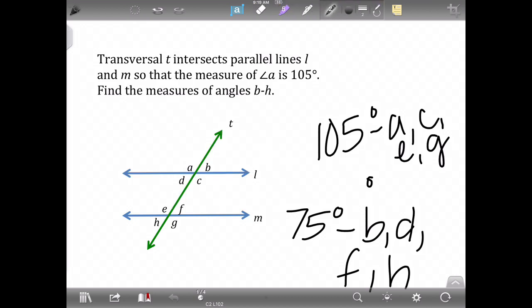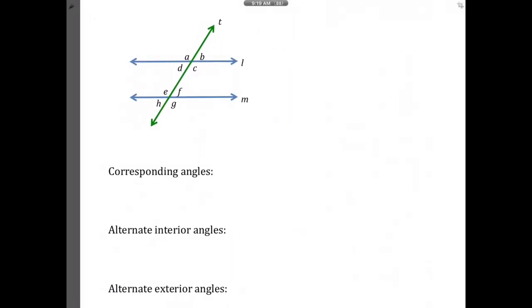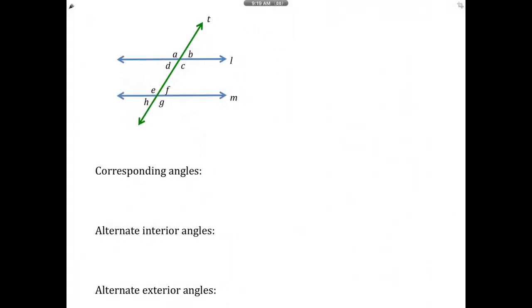Another thing is, if you have one that looks the same on the next line, that's always also going to be the same measure. So you would just need one measure to figure out all of them. Now we're going to talk about corresponding angles and alternate interior and exterior angles.